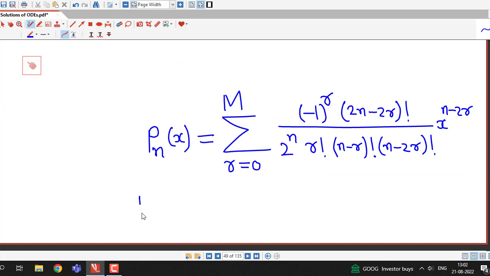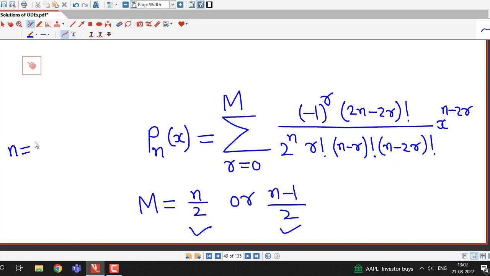What about this capital M? Capital M is either n by 2 or (n minus 1) by 2. Consider the value which is an integer. If I have n equal to 4, then n by 2 is equal to 2, so I will consider capital M equal to 2.